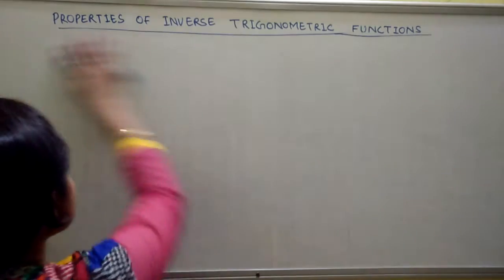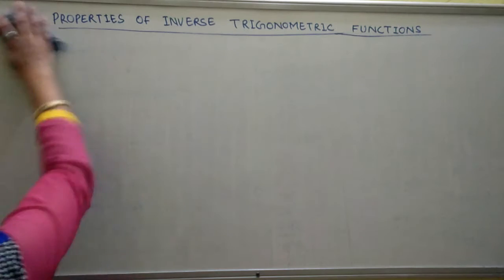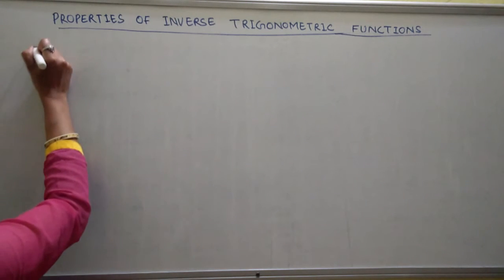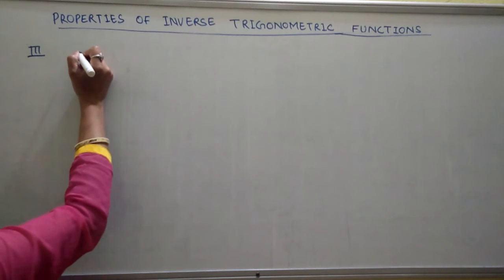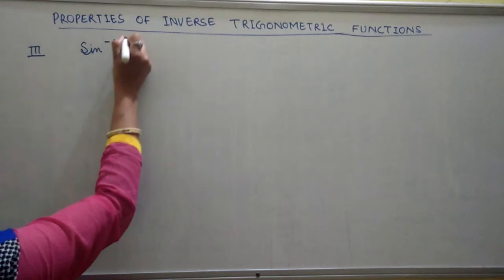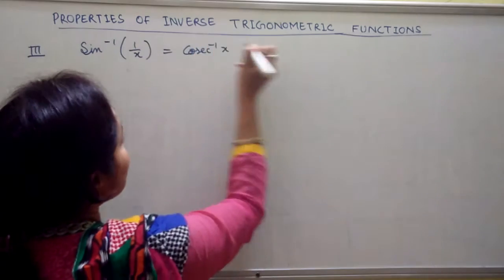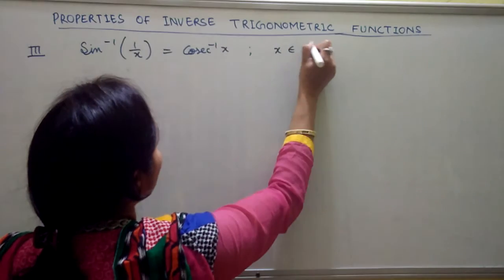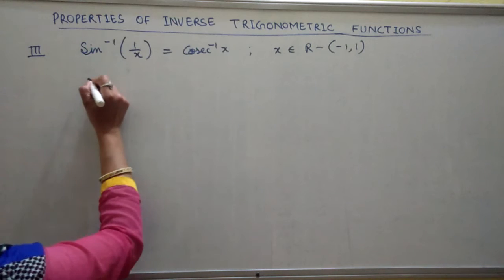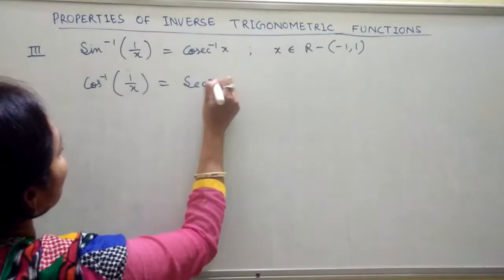Third property is based on the 1 upon x. Third property, that is sine inverse 1 upon x is cosecant inverse x, and the condition is x belongs to R minus the open interval minus 1 to 1. The range should lie between that. Cos inverse 1 upon x is secant inverse x.